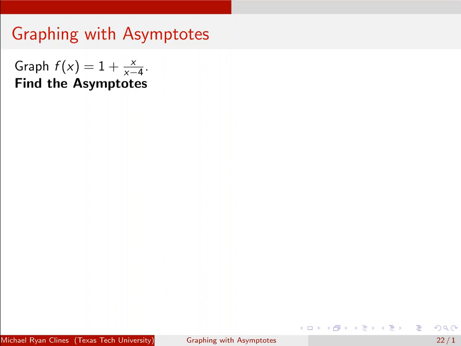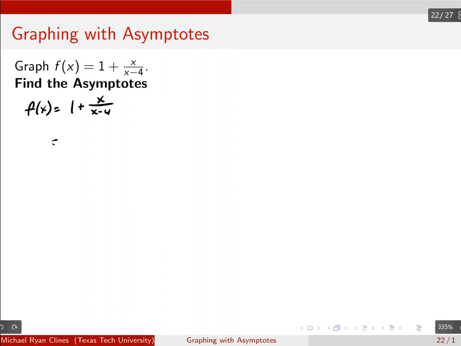Now, first up, we want to find the asymptotes. Now, let's find the vertical asymptote first. So we have our f of x is equal to 1 plus x over x minus 4. Now, I find when you're trying to deal with situations like this, find a common denominator and combine the functions makes it easier if you just have one term.